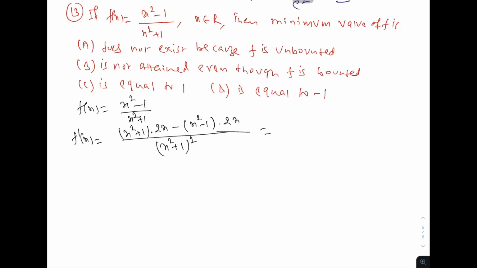And if we simplify this, then we will get 4x over x square plus 1 square.